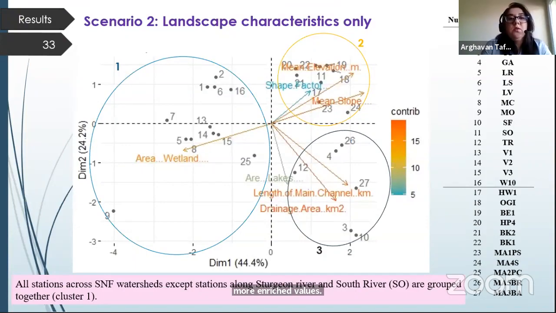For scenario 2, I used just landscape characteristic variables, and I wanted to classify my subcatchments according to just landscape characteristics. Again, surprisingly, Muskoka catchment sites and SNF group separately with some exceptions. For instance, all the stations across SNF except the stations along Sturgeon River and South River are grouped together as cluster number 1.